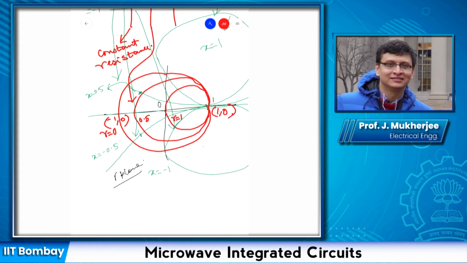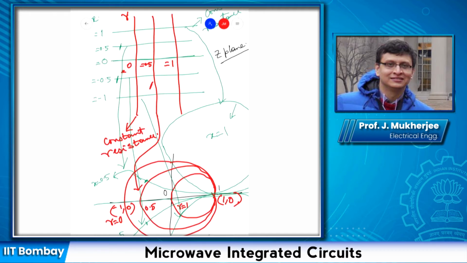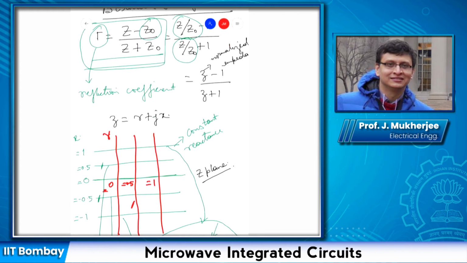So this circle, which has a radius of 1 unit and which has a center at the origin, basically defines the Smith chart. So in a Smith chart, you will have constant resistance circles and constant reactance circles. And because these reactance and resistances are normalized, the absolute values don't matter. The normalization procedure I have shown earlier.